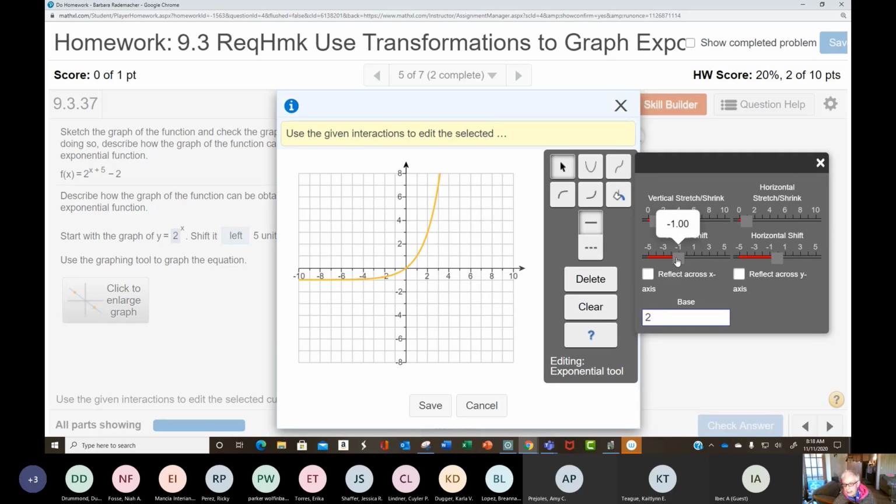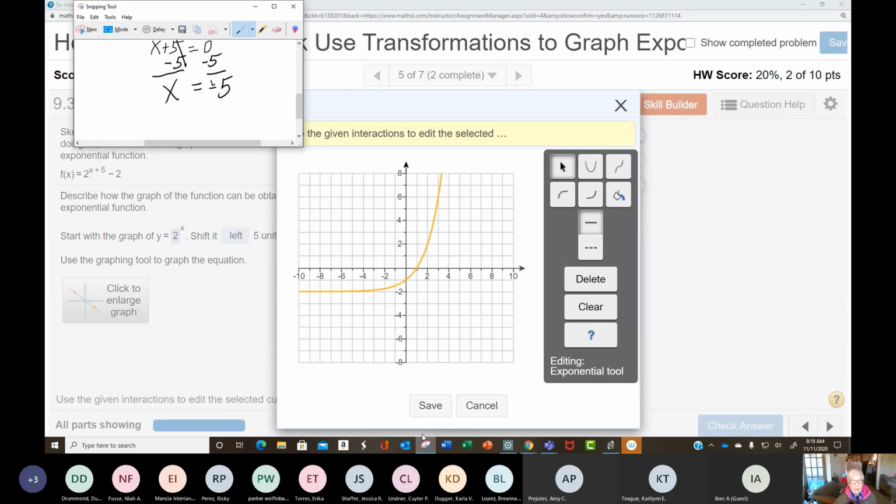So that will be -2. The horizontal shift is negative. That was supposed to be an arrow, but it was kind of a sickly arrow. Okay, yeah, the horizontal shift is going to be -5.